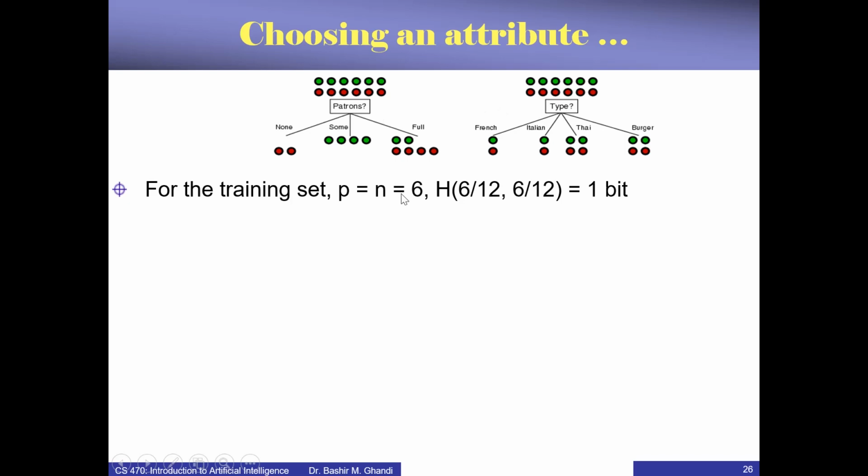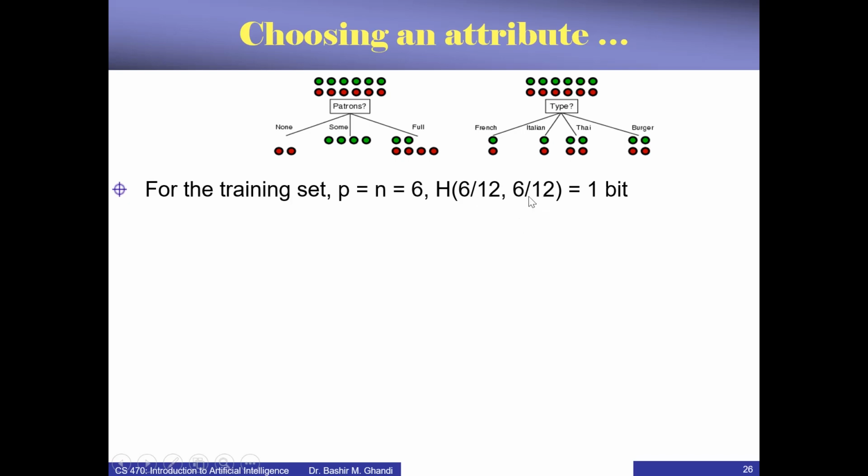So if you compute the entropy before splitting, it is going to be the entropy of 6 out of 12 for positive, and 6 out of 12 for negative.